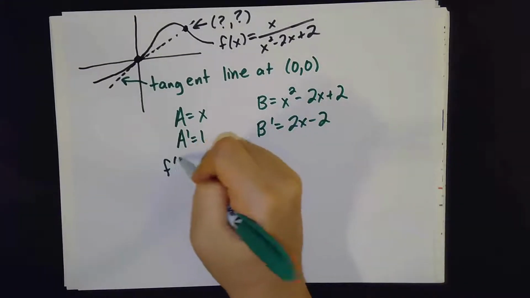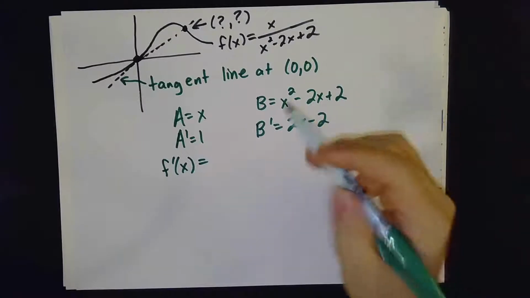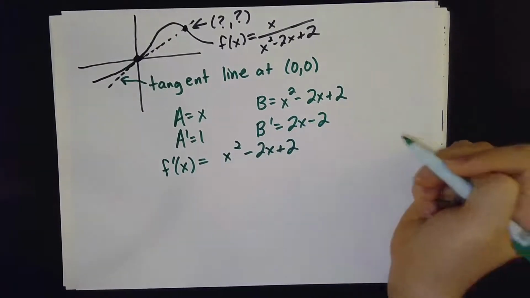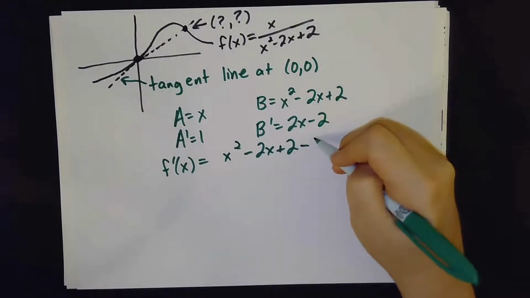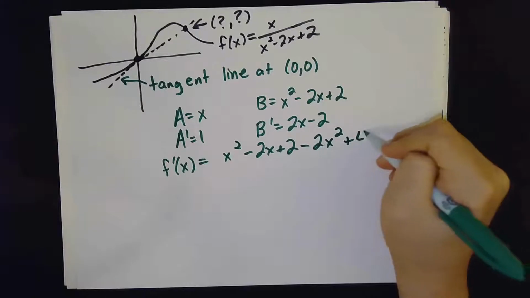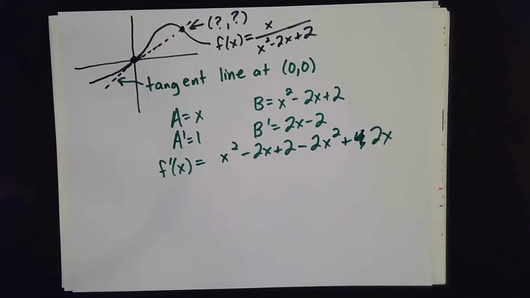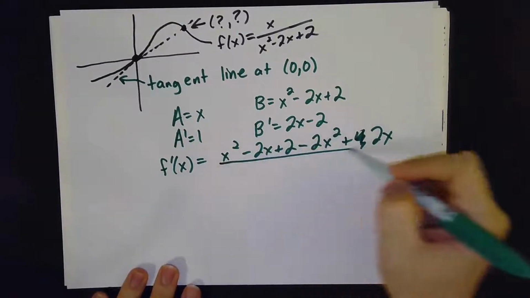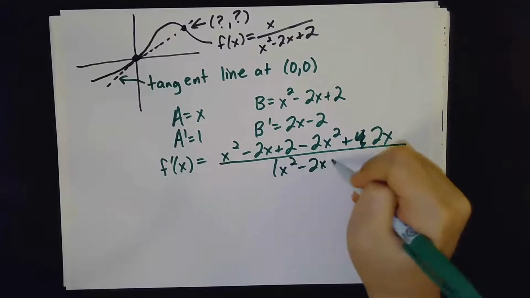So f prime here will work out to be x squared minus 2x plus 2 minus 2x squared plus 2x, all divided by x squared minus 2x plus 2 squared.